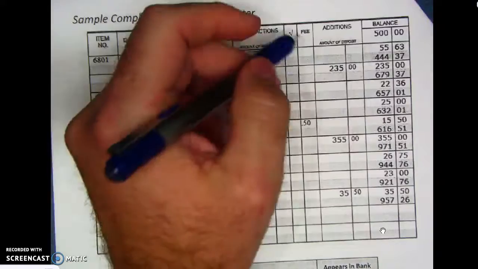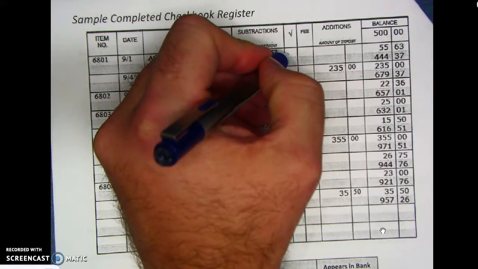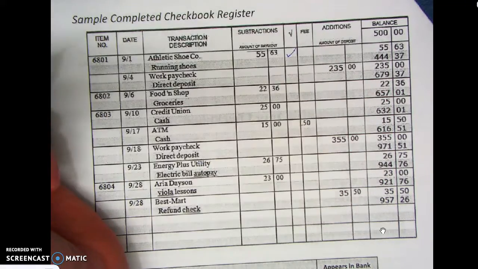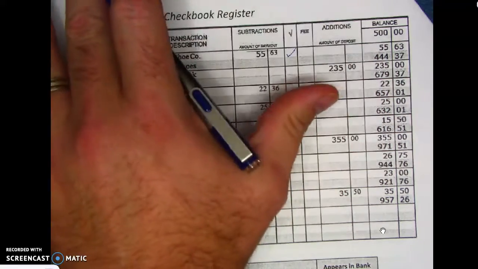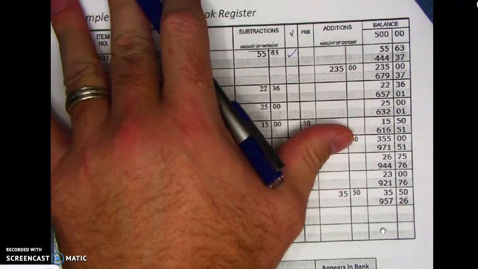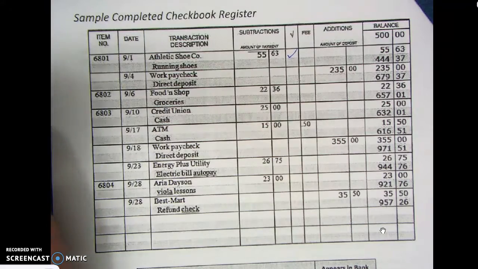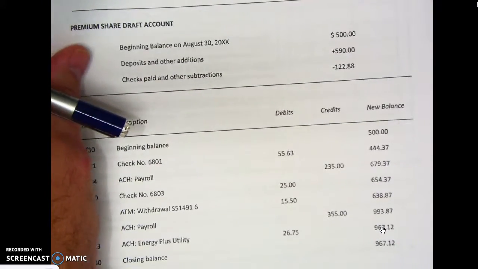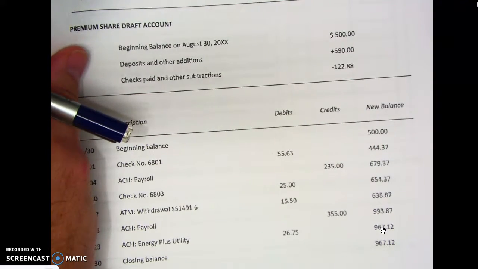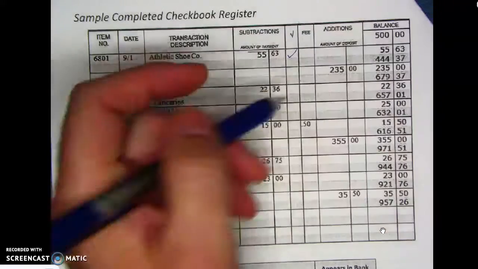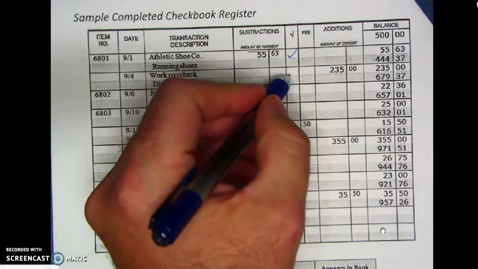And in your checkbook, you have $55.63, and we have this column right here to put a little check in. That has cleared. Both you and the bank agree that that transaction has taken place. You have the $235 deposit. You have the $235 deposit.